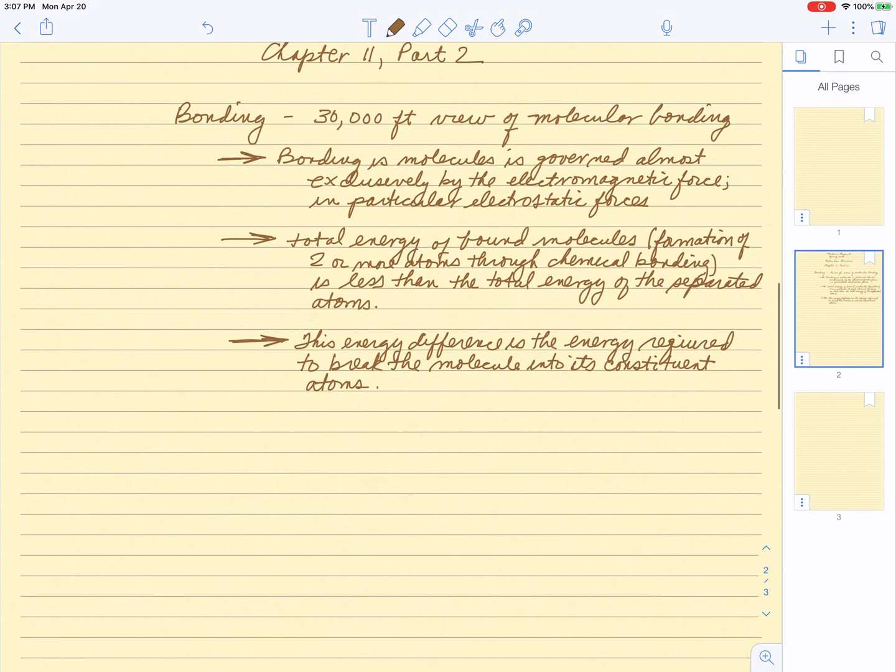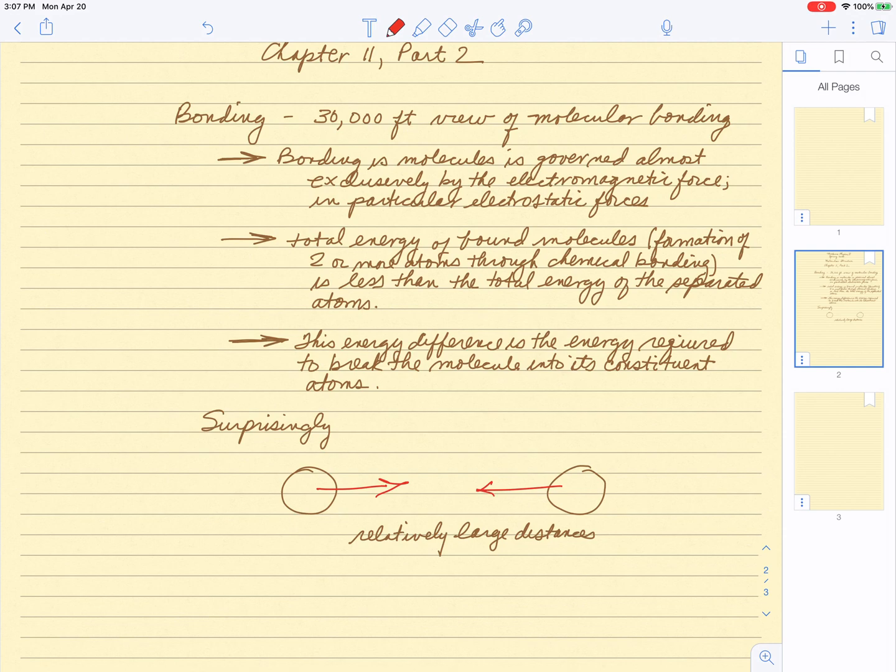Now, surprisingly, if we looked at atoms at relatively large distances, and relatively is the key word, there's going to be an attractive force.